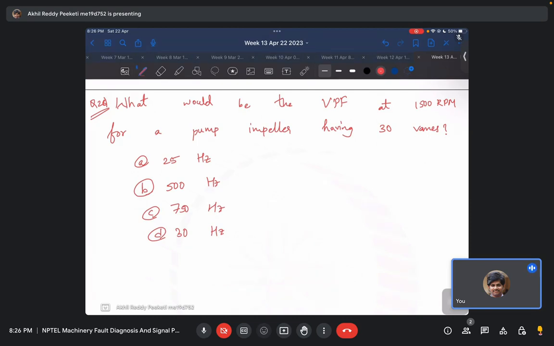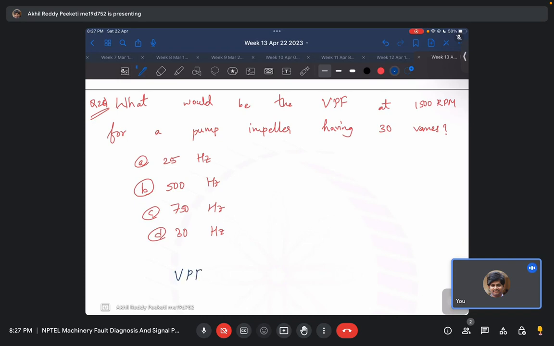This we have discussed I think last week also and in the previous weeks. There's a direct formula for this. What's the formula?